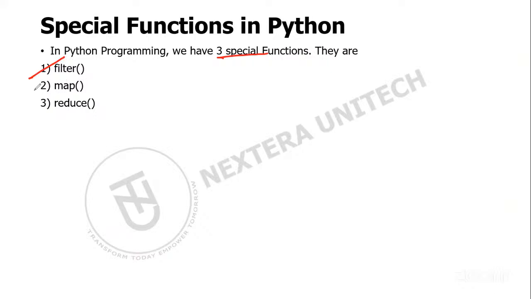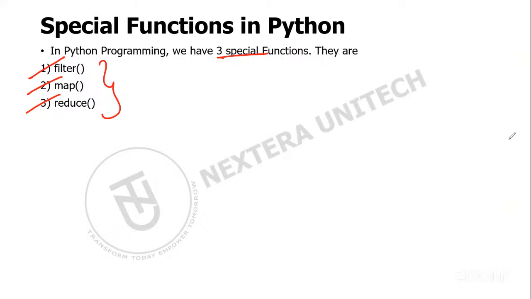The second one is map. And the final one is reduce. Very, very important because we frequently use these 3 special functions. So focus guys. 3 special functions we will be understanding along with the use cases, examples.